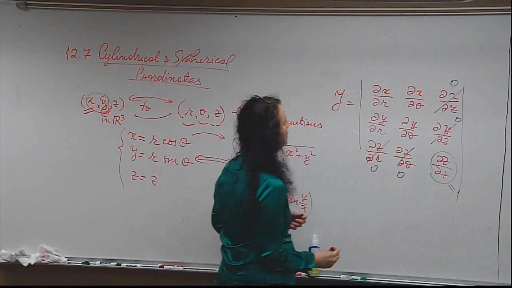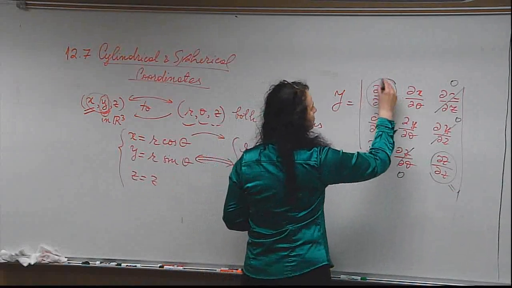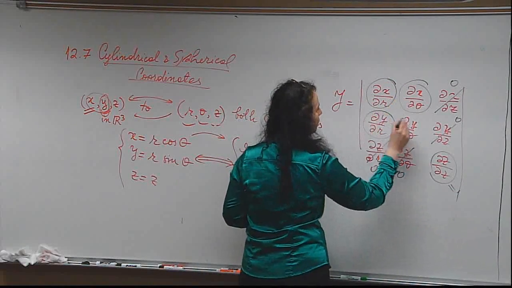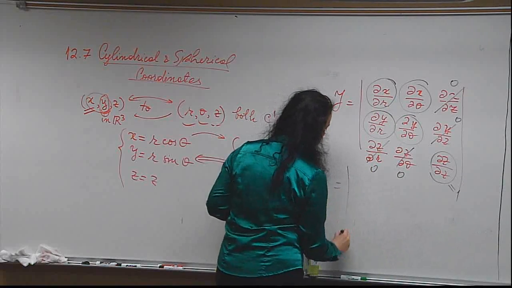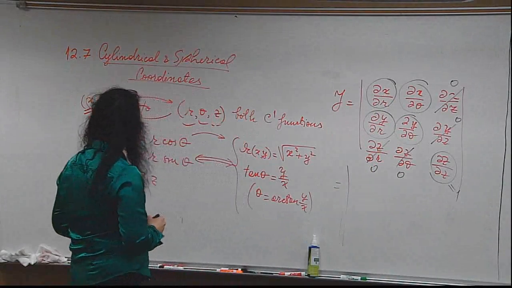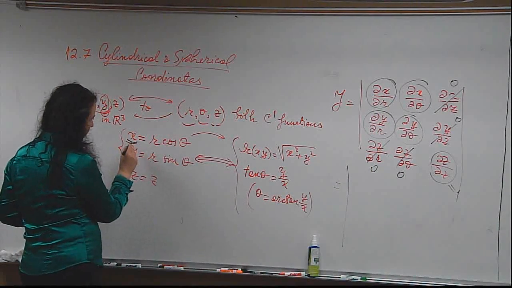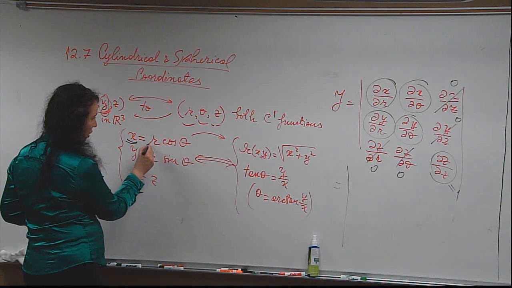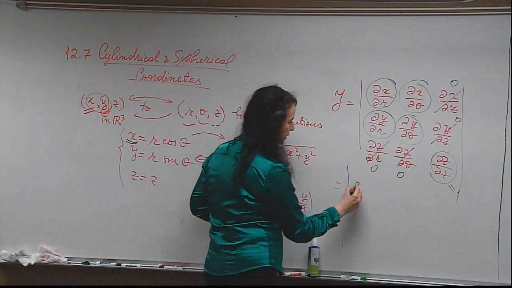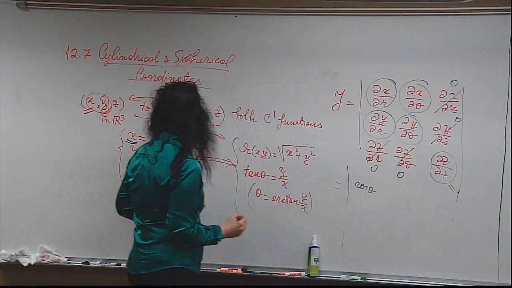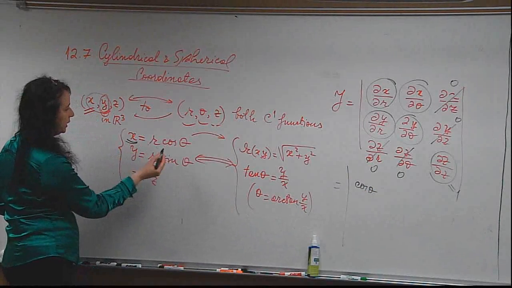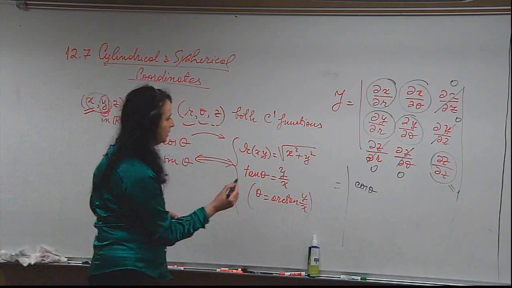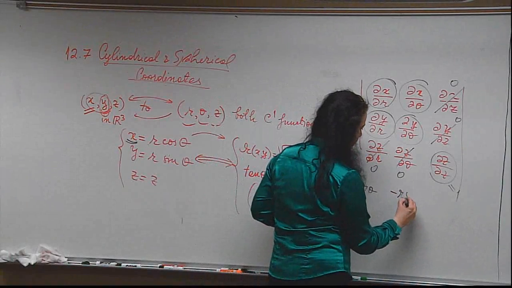He's a lucky guy. And these parts, you've seen these guys before. Let's see how well you remember them. You don't have to remember them. You compute them again. So if you differentiate x with respect to r, you get cosine theta. Taking x prime with respect to theta, you get minus r sine theta.